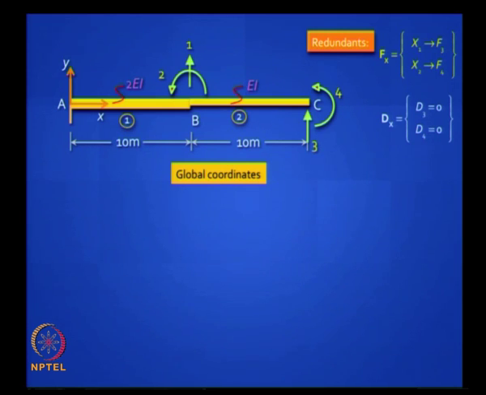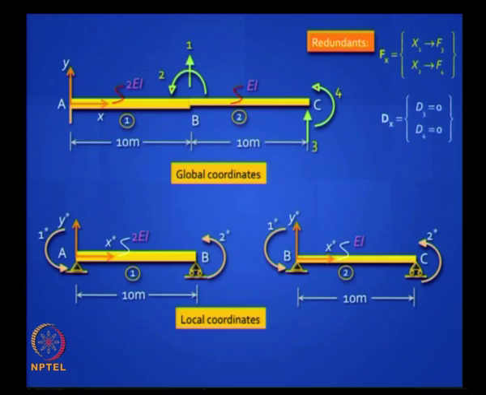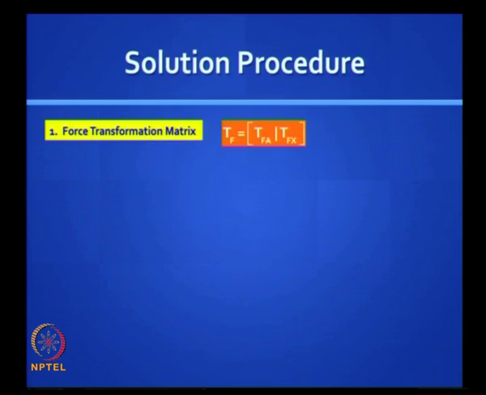You now need the element coordinates, which are just like what we did in the reduced element stiffness method. They look the same, 2 degree of freedom system, simply supported beams, right? And you need to follow a certain procedure.